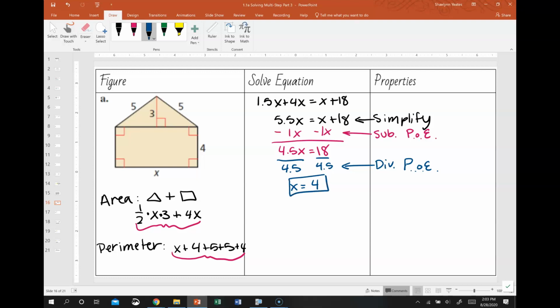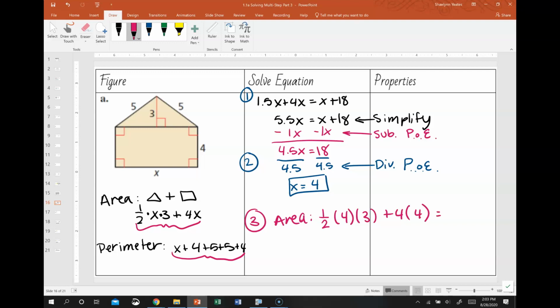Now, this was step 1, set up the equation. This was step 2, the solving part. Then step 3 is finding the area, which we've already set up. So we've got 1/2 times 4 times 3 plus 4 times 4.